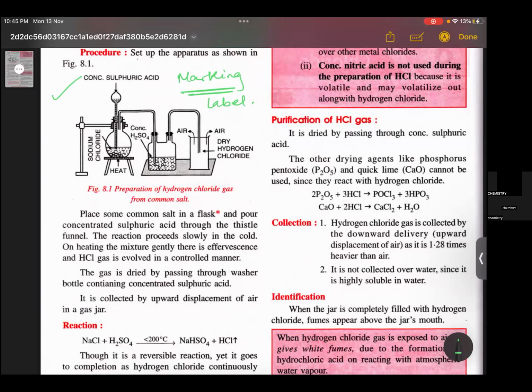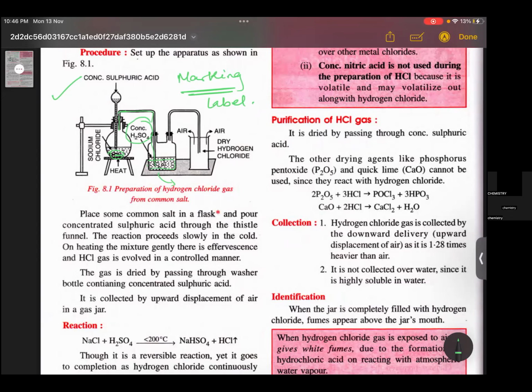So in this flask, we are heating sodium chloride, okay? We're heating it and we're passing the fumes through this tube into another container, which is filled with concentrated H2SO4.